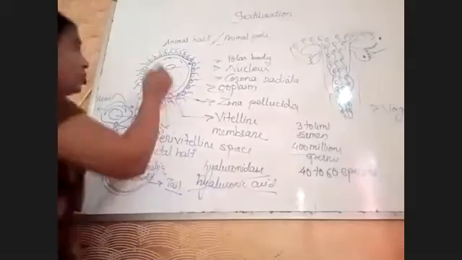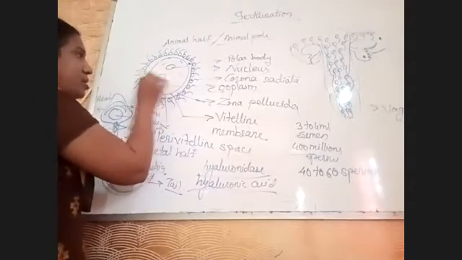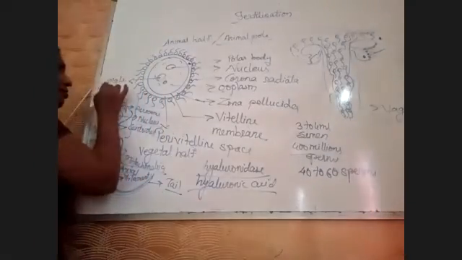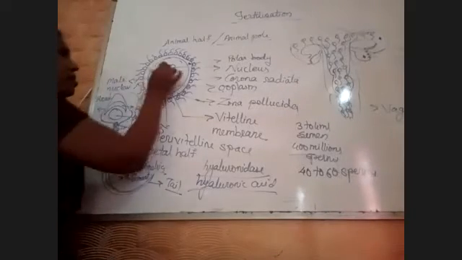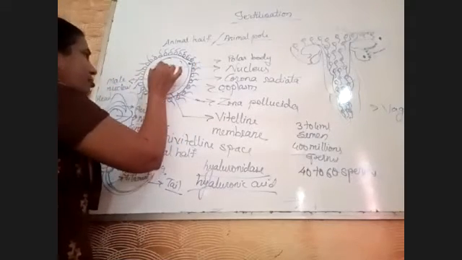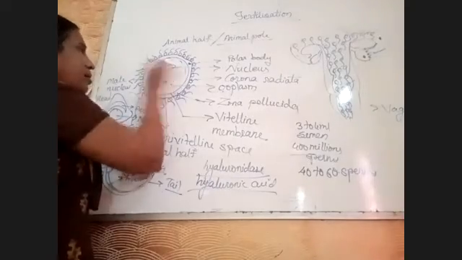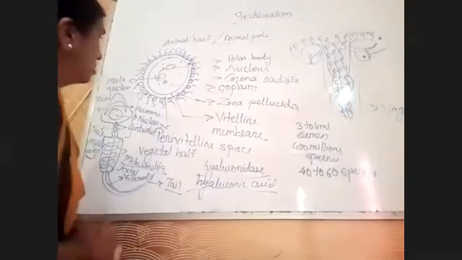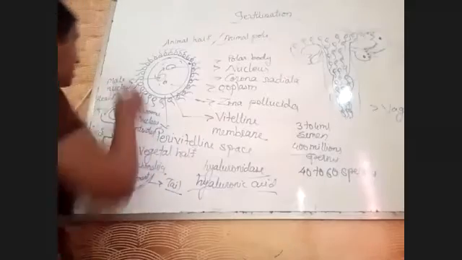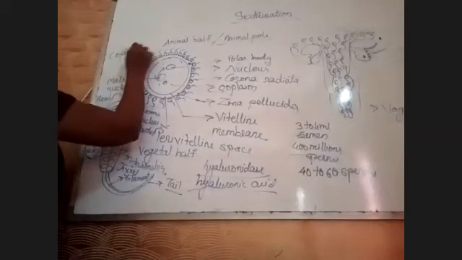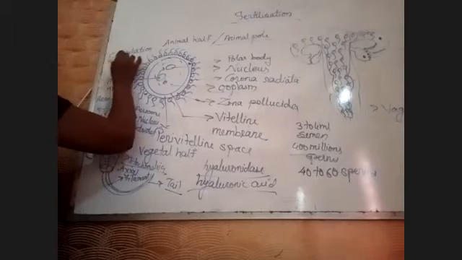Now this one is the male nucleus I am writing here, and this is the female nucleus. This male nucleus will now travel towards the female nucleus. The path of it is called the copulation path.